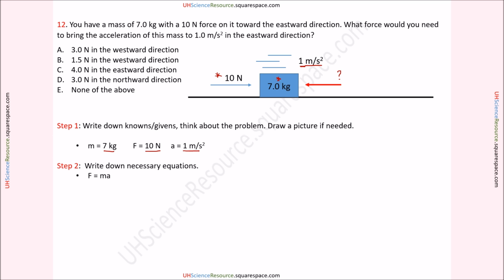Of course, we're going to need the F equals ma equation, in which force is equal to the mass times acceleration.